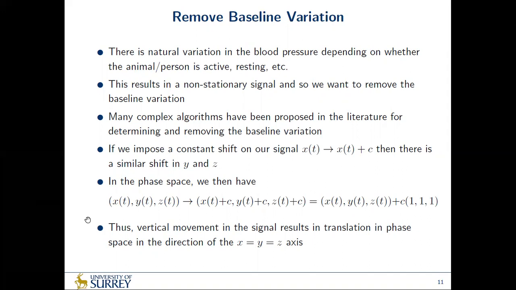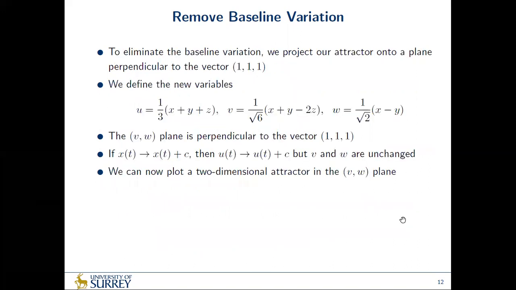And so in our phase space x, y, z, each variable gets c added to it. And so that's a shift along this diagonal direction, 1, 1, 1. So vertical movement in the signal results in a translation in the phase space in this direction, 1, 1, 1.